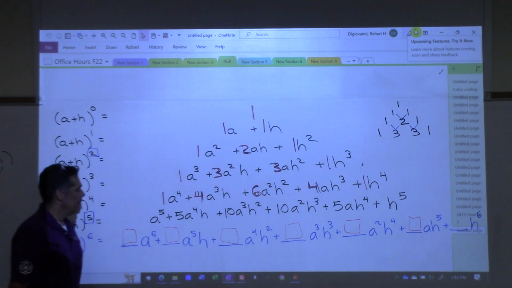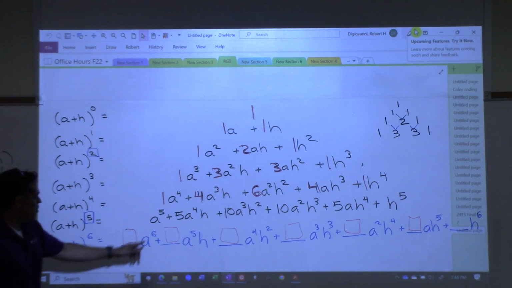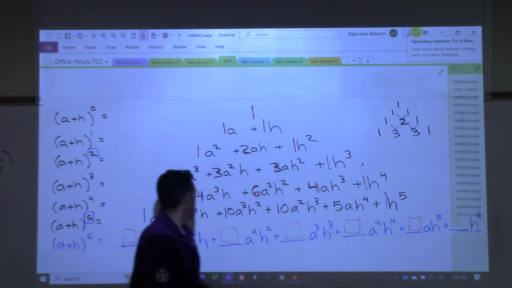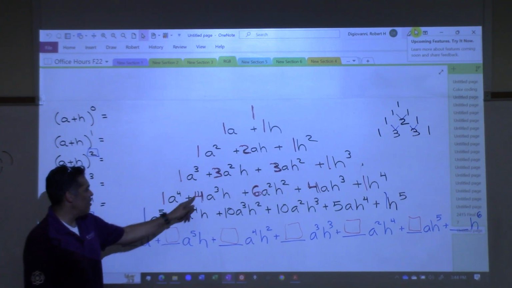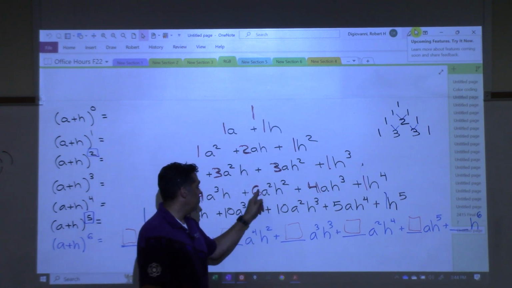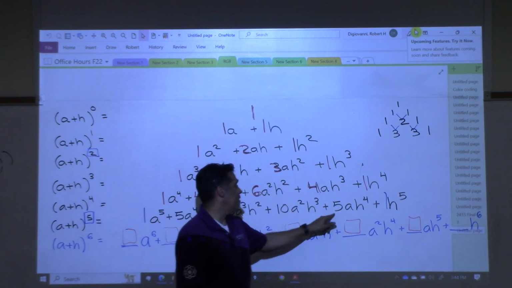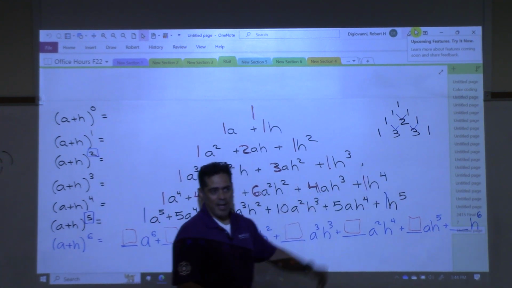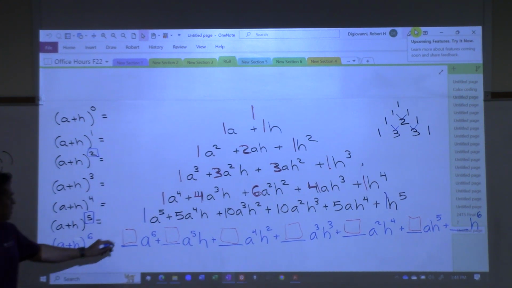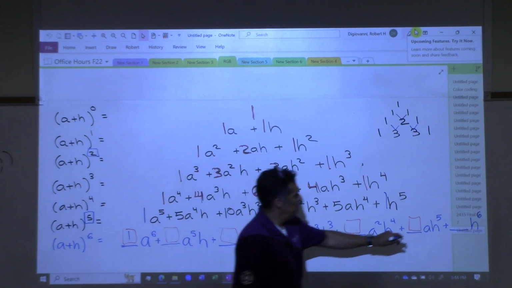On this next row, our 2 edges are 1. And so this number 5 comes from the 4 and the 1. The 10 comes from the 6 and the 4. And then the 1 is on the edge. So we should be able to fill this in now. It's 1 and 1.